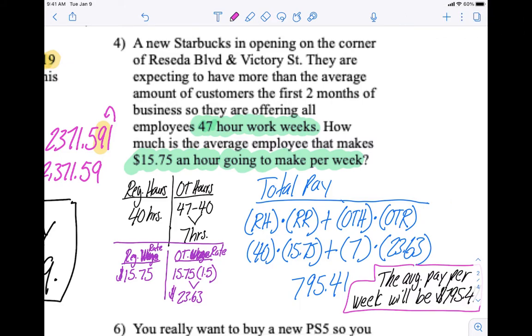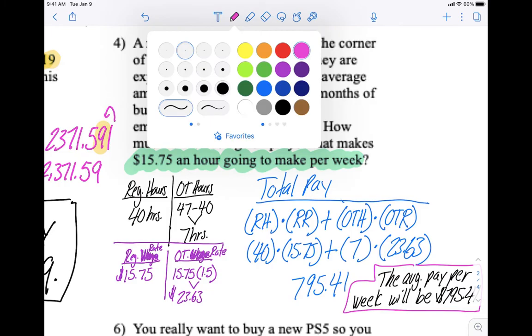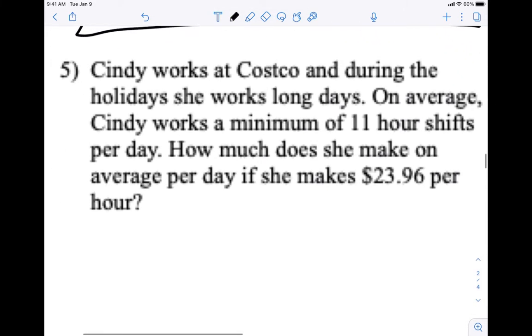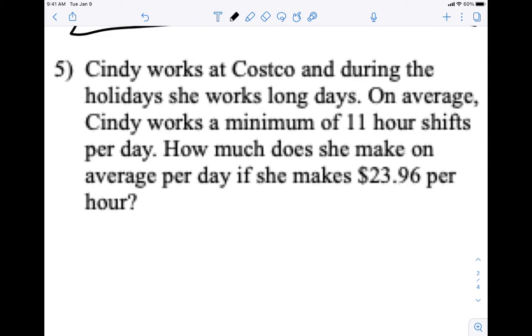The setup for numbers 4, 5, and 6 is going to be exactly the same, guys, depending on whether it's a week or a day. I'll show you one for hours worked per day. So let us go over here and set up number 5. Number 5 says, Cindy works at Costco, and during the holidays, she works long days.